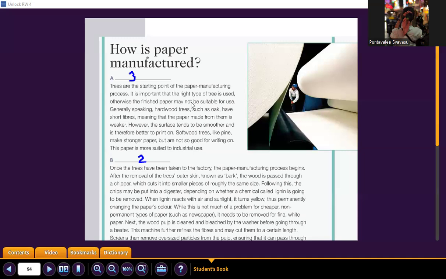Let's look at the first paragraph here. You will see that the key idea, the main point, is obtaining the raw materials. But to be more specific, they talked about choosing the right type of tree, and then they explained the types of tree.